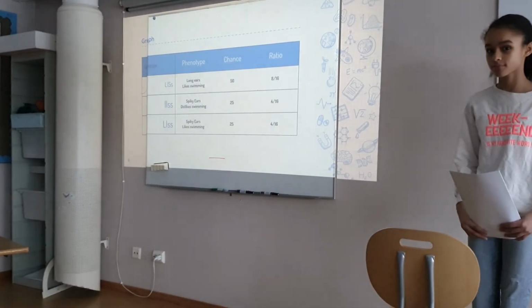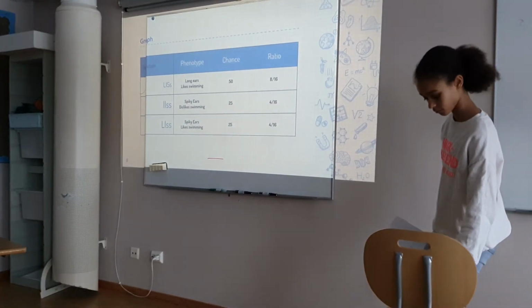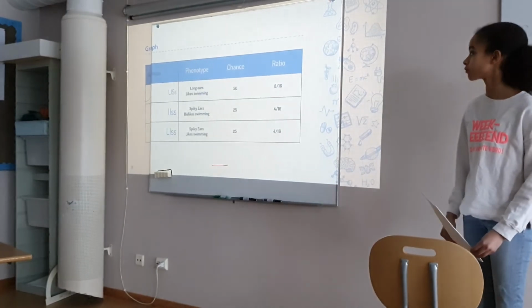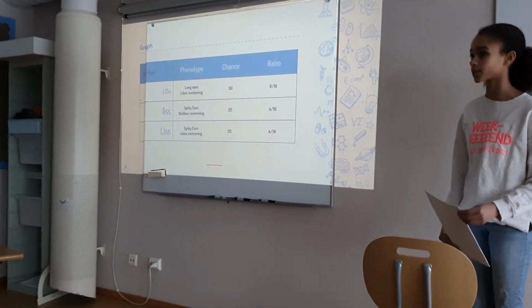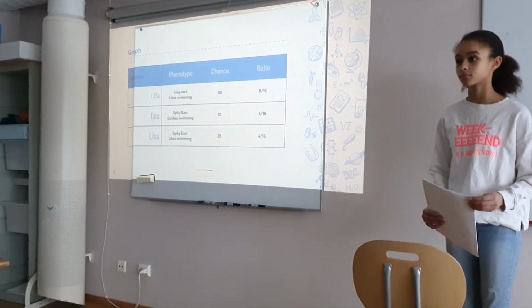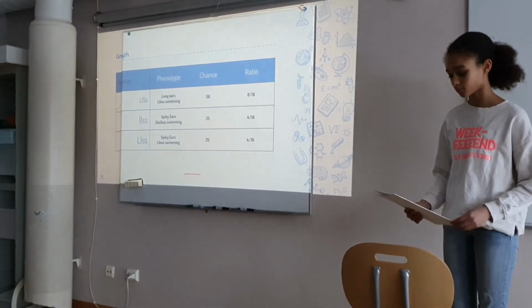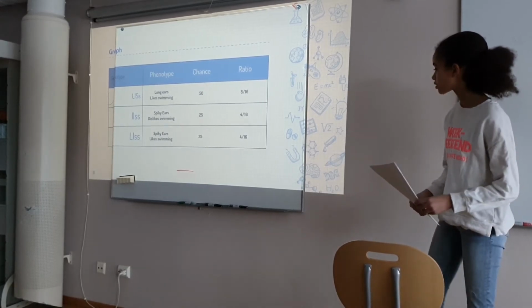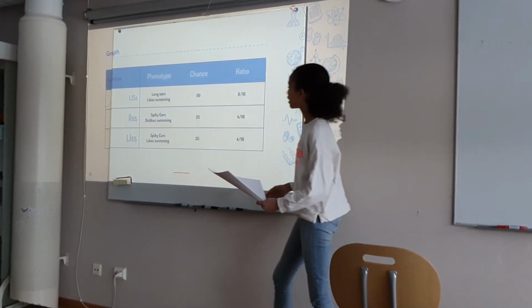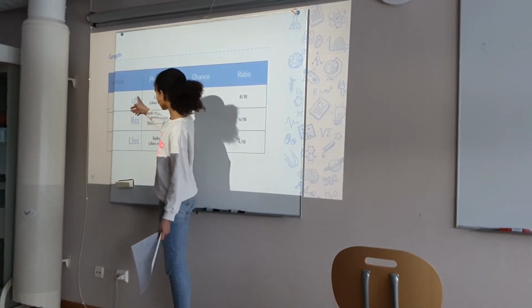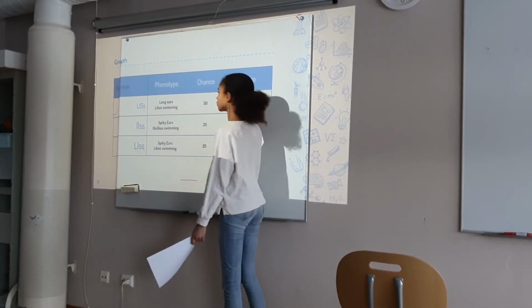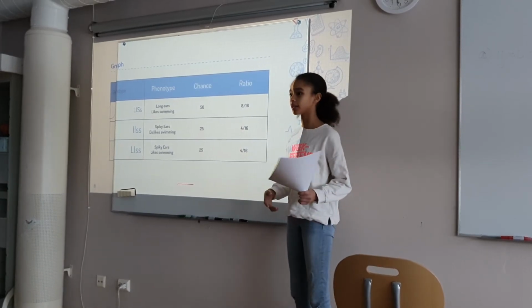That's good. I like the way you presented it. Is this on Google Slides? Yes. And did you just import a table? Yes. Oh, okay. That's actually well done. And how did you know how to do the table and everything, Brianna? I just decided that we'd have which of the ones we got from the Punnett square, and then just show what they were, like we did yesterday when we had the little table.